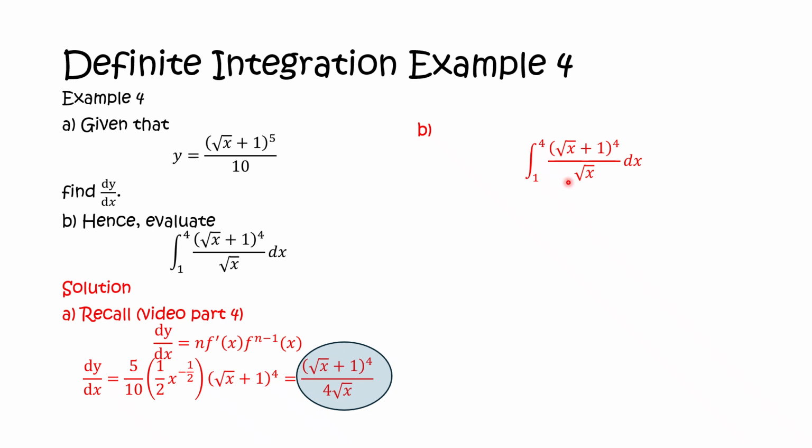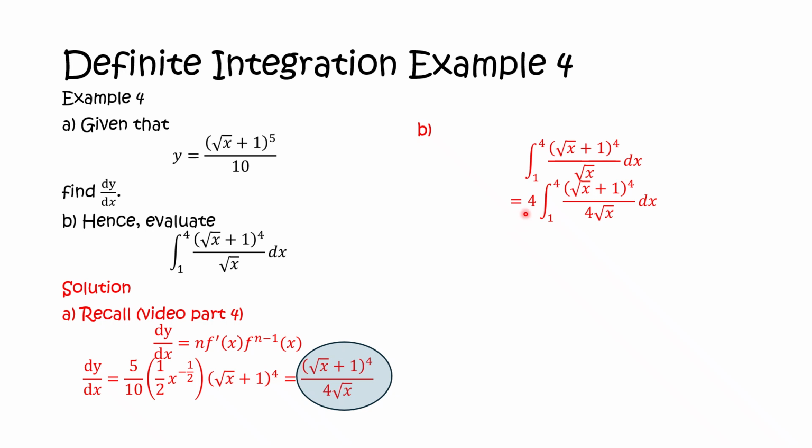Right, so with that, we want to express the B part in the form of the answer in A. So recall, in A, in the denominator, we had a 4. But now, in the expression that we are meant to integrate, we don't have the 4 in the denominator. So we would introduce a 1 that comprises 4s.